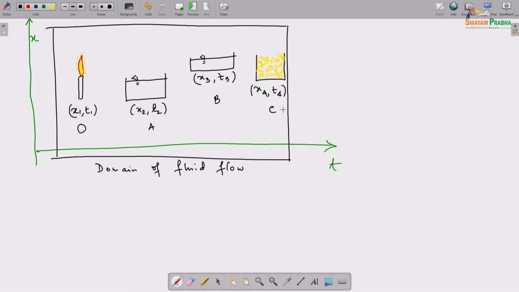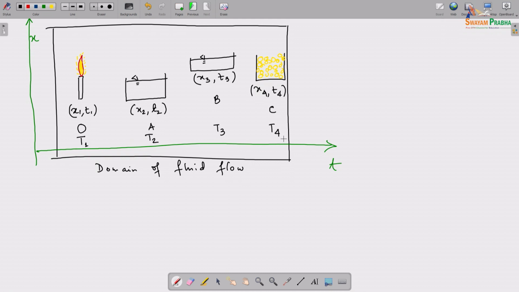And let us just say the temperature, which I am going to write with capital T. So, the temperature is T1, T2, T3, T4 at these locations. I have this temperature at these locations. Okay.